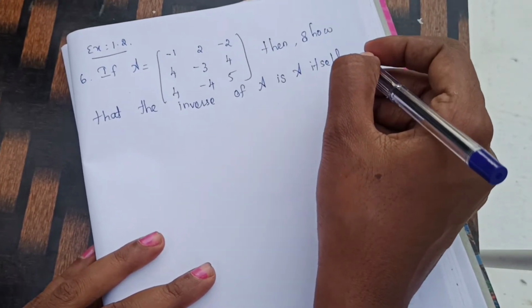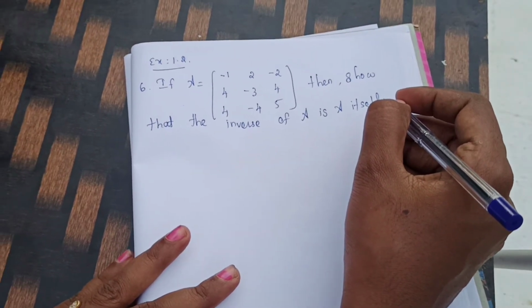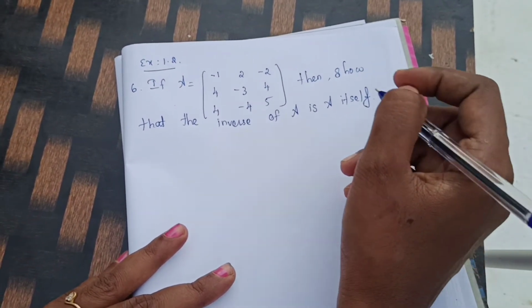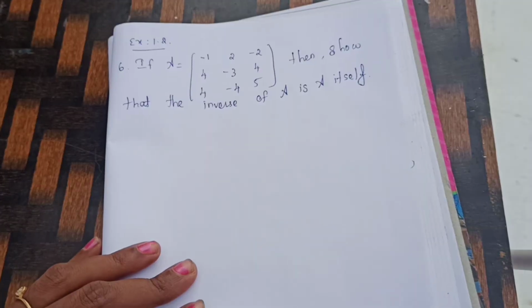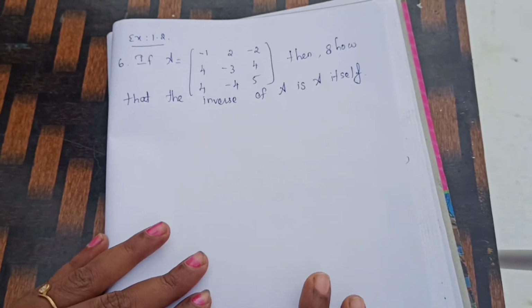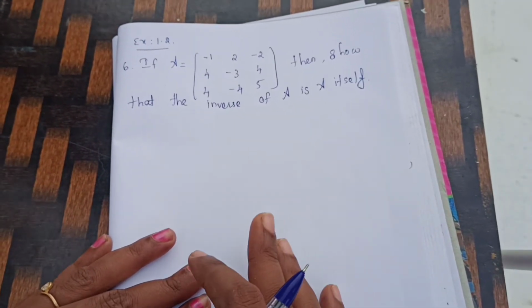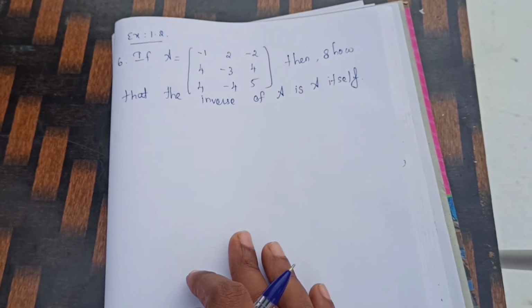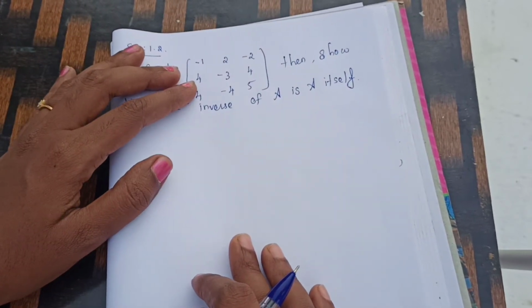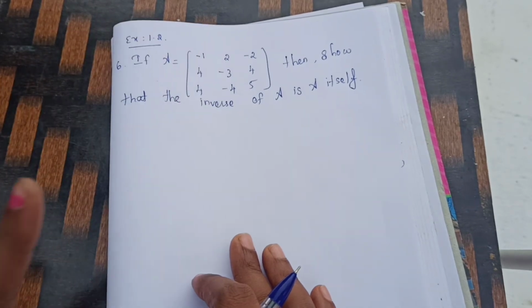What do you need to prove? The inverse of A is A itself. That means if you find A inverse, A inverse and this matrix are both the same.